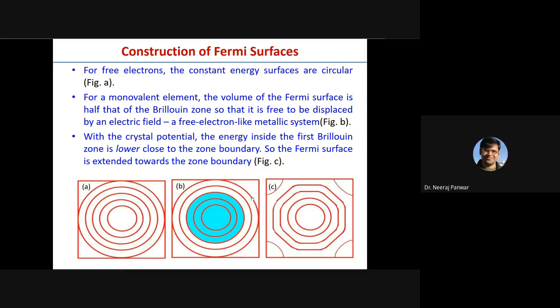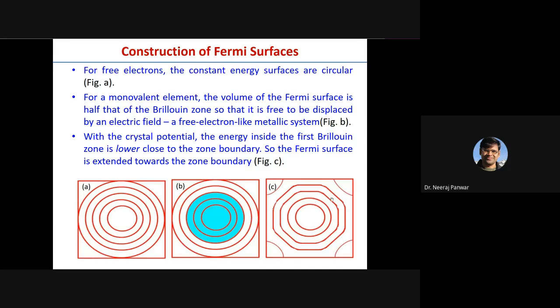But if we have another type of metals in which the electron concentration is more, the area of the Fermi sphere would be large. That depends solely on the number of electrons, and when it is closer to the zone boundary, the Fermi surface will interact with the zone boundary.